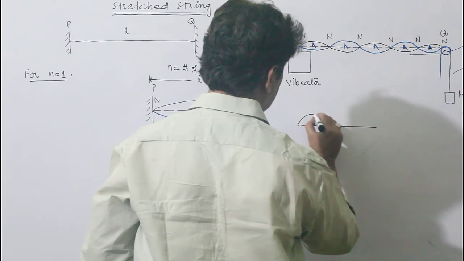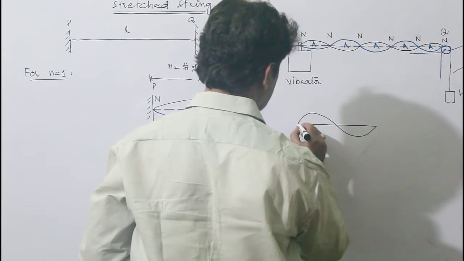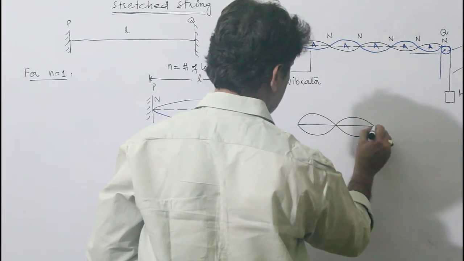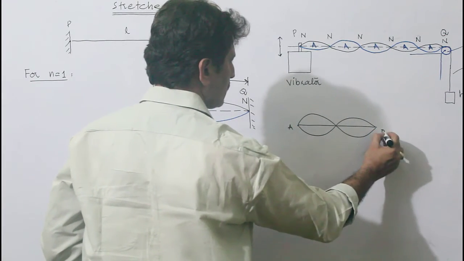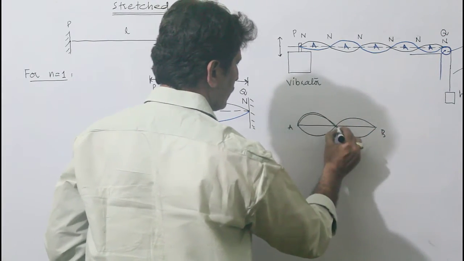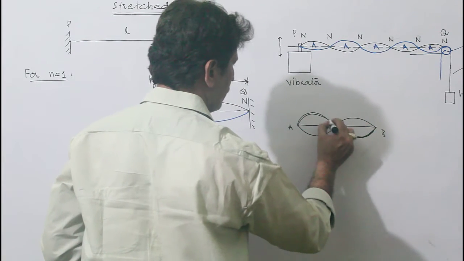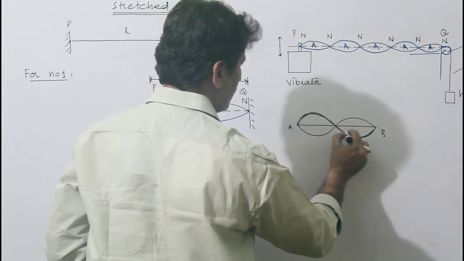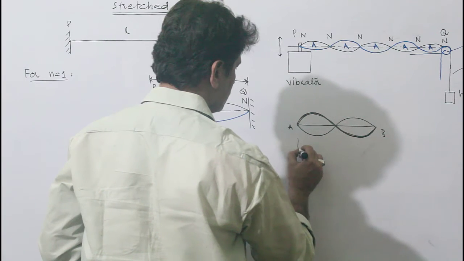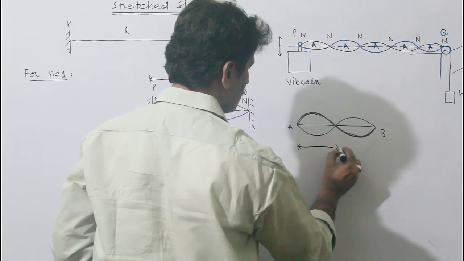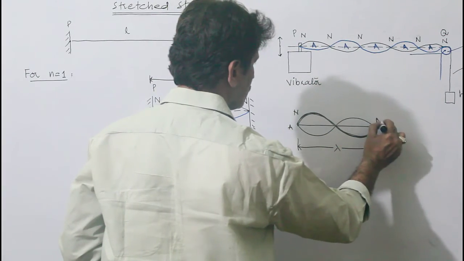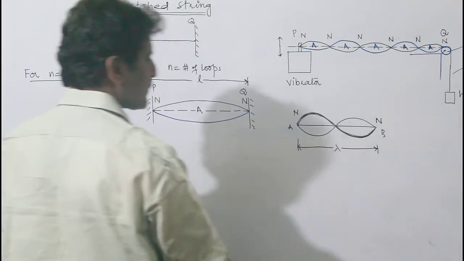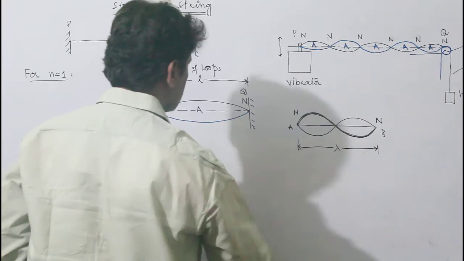If we have two loops formed in the string, for example like this, from point A to B, it is one wave, and the distance covered by one wave is called the wavelength. It means from this node to the alternate node position, the distance is called the wavelength.